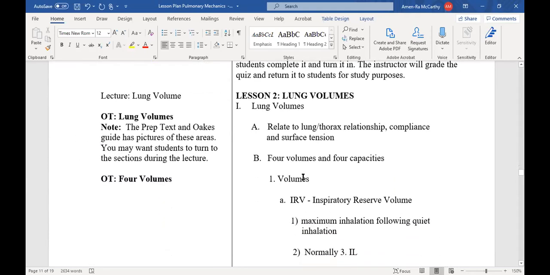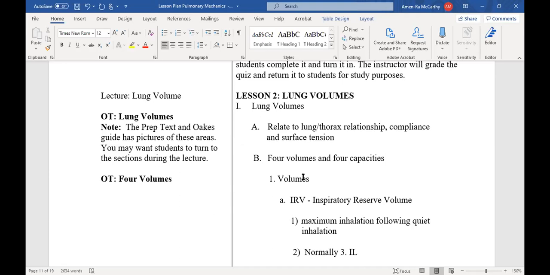All right. Now we are getting into the lung volumes, which is here on the board. I'm going to show you the PowerPoint for it, and then we're going to show you on the board. You really have to pay attention to how I explain. You should be doing it yourself, okay?